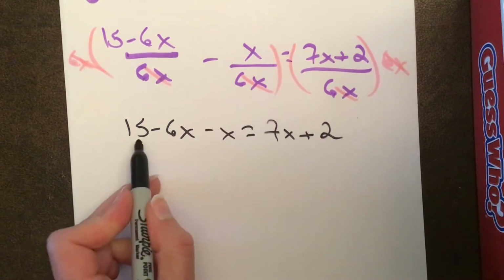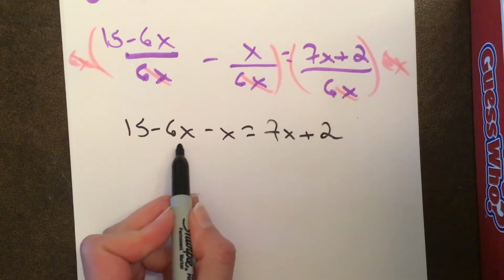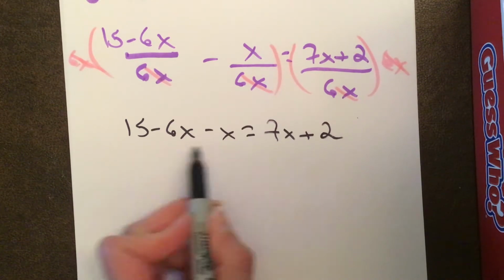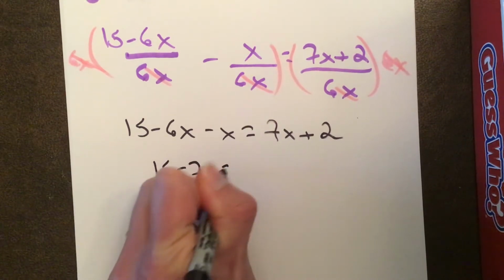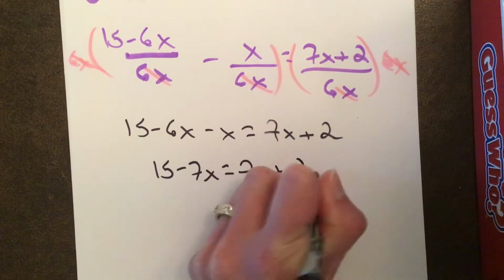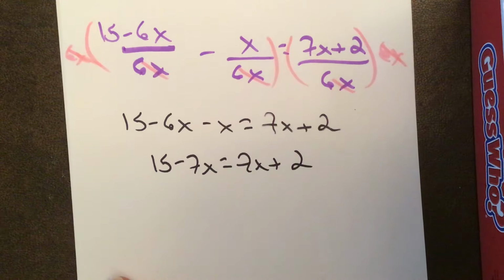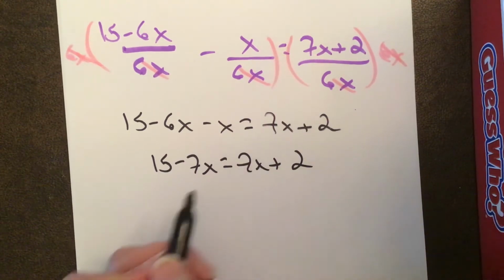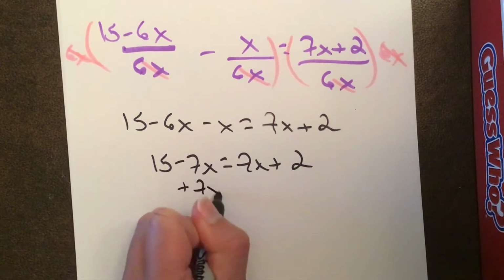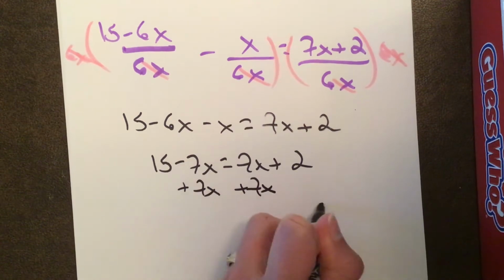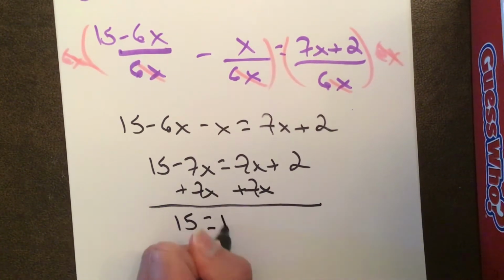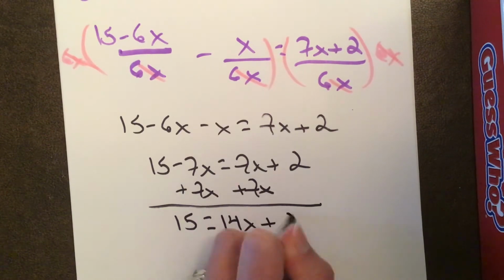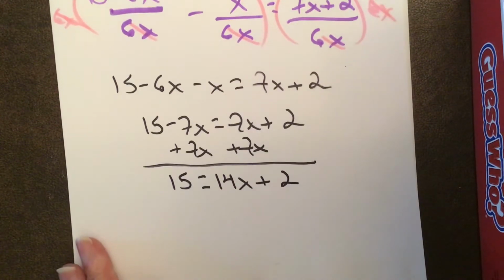So let's combine these together. This is negative 6x minus x, so this is negative 7x. So 15 minus 7x equals 7x plus 2. And then however you want to do it from there, you want to get all the x's together. So I'm going to add 7x. So I get 15, and then 7x plus 7x is 14x, plus 2.